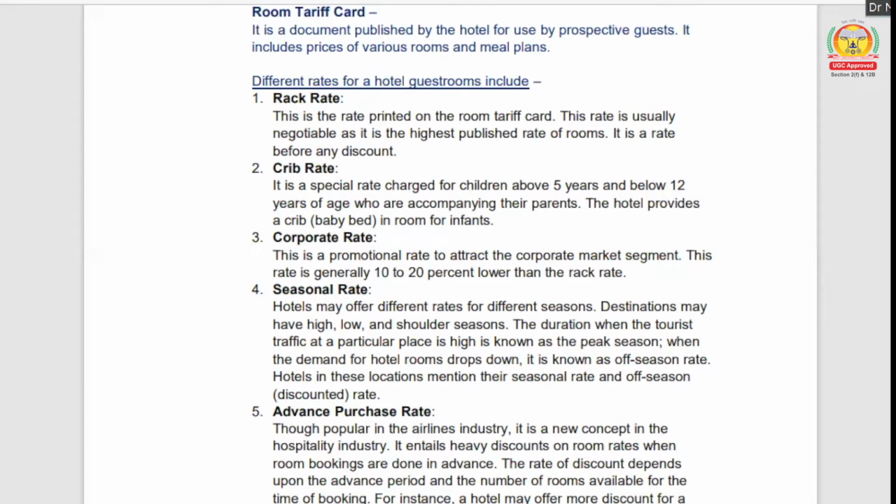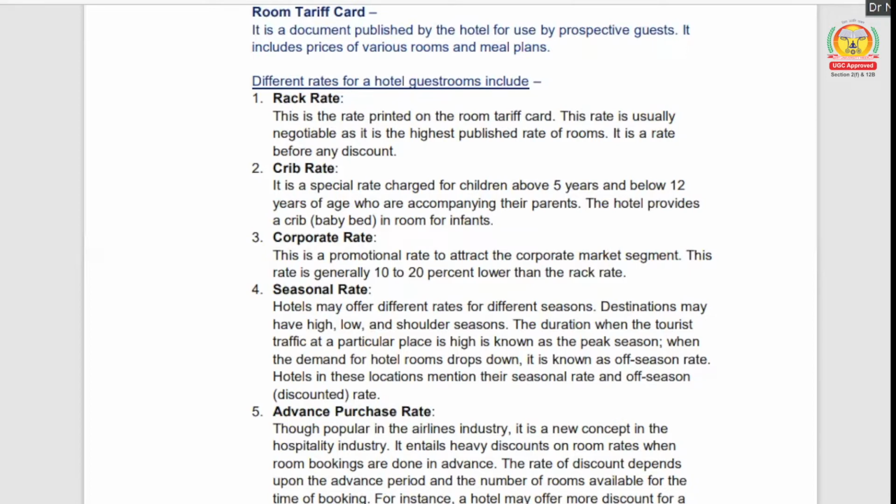So it will be a discount, mostly always adopted at 10 to 20%. Somewhere it is 20%, it varies from hotel to hotel. Some hotels it is 10%. And the rack rate should be more than that. So corporate rate is a rate to encourage the selling of guest rooms to the corporate market segment with a proper rate cut, that is 10 to 20% lower than the rack rate.